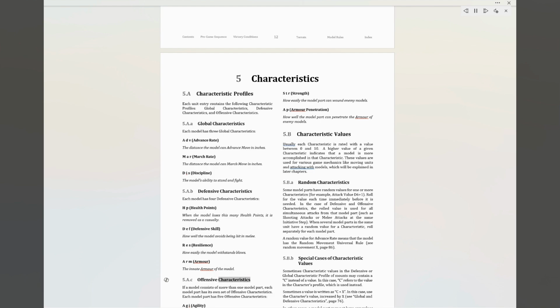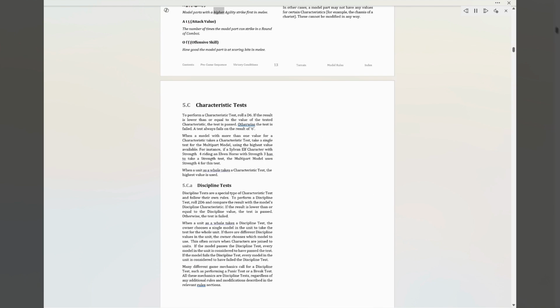Offensive characteristics. If a model consists of more than one model part, each model part has its own set of offensive characteristics. Each model part has 5 offensive characteristics. AGI, agility: model parts with a higher agility strike first in melee. ATT, attack value: the number of times the model part can strike in a round of combat.